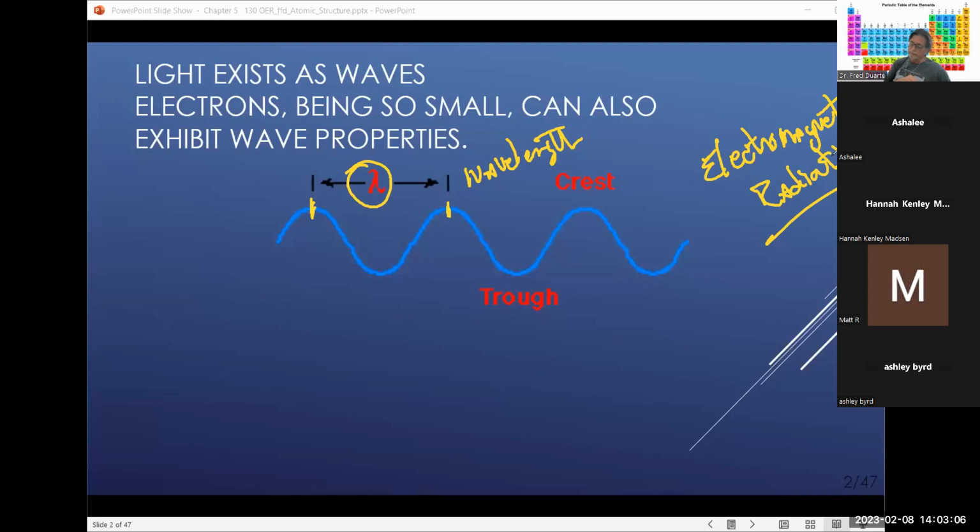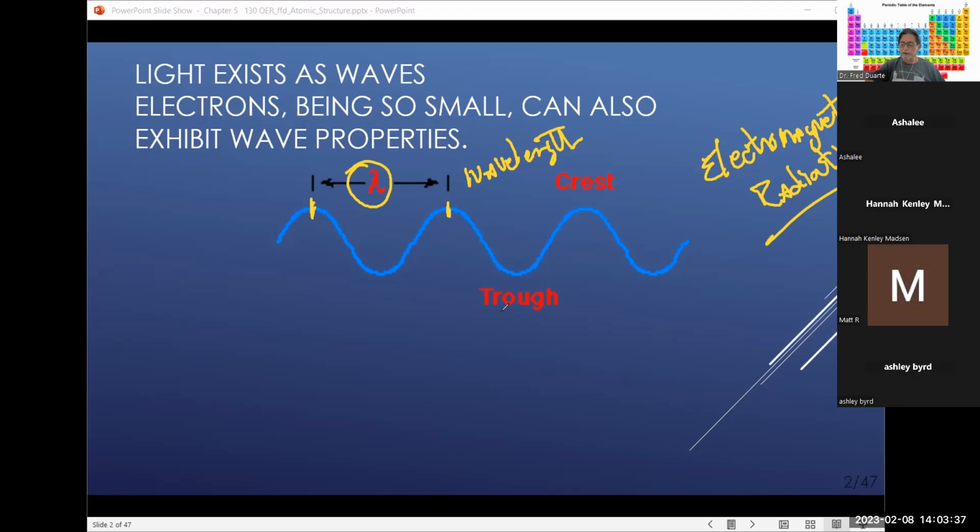On the other side, you have very powerful wavelengths called gamma rays and X-rays. And in between, somewhere in that scale, are the wavelengths of light that we can see. There's a whole gamut of electromagnetic radiation that we can't see because we don't have the sensors. We have instruments that pick them up, but our eyes can only pick up a very small amount of electromagnetic radiation. So that is called the wavelength.